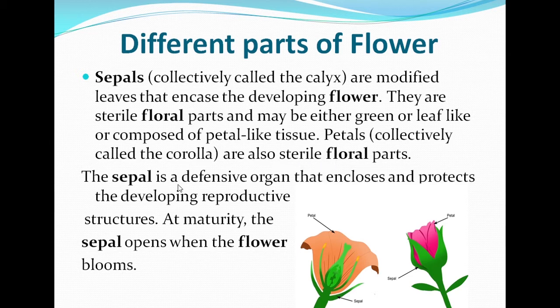The sepal is a defensive organ that encloses and protects the developing reproductive structure. At maturity, the sepal opens when the flower blooms. Okay, this is sepal. Look at the figure, and this is petal, and here are the reproductive organs that are protected by the sepal.